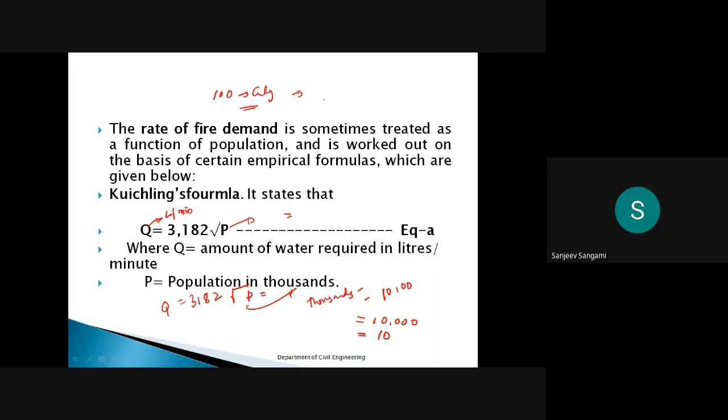Then the scientist Kuchling calculated based on some assumptions, like 5 fire breaks happening in each city, and arrived at this empirical formula. So Q is always in liters per minute, P is always in thousands, and this is a constant they arrived at with successive experiments.